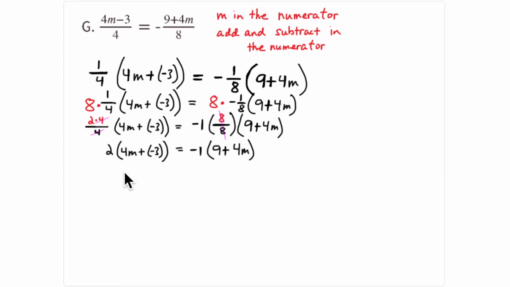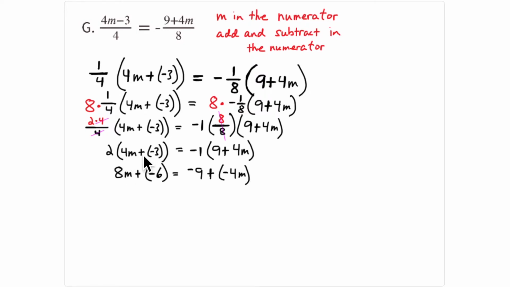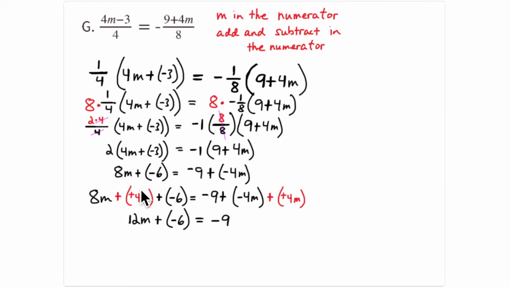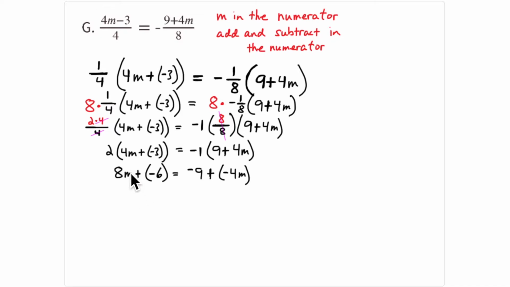So you're left with 2 times (4m plus a negative 3) equals negative 1 times (9 plus 4m). So 2 of these equals a negative, or the opposite of this. It's a way to look at that. Okay, now I'm going to distribute this 2 to both of these terms. So it's 2 times 4 is 8m, and 2 times a negative 3 is negative 6.